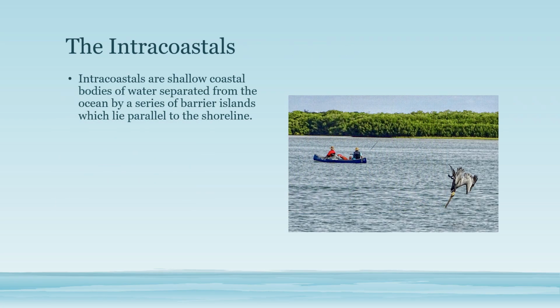Now, the intracoastals are the water found between your barrier islands and mainland. So they are estuaries because they get fresh water input from the mainland, salt water input from the Gulf or the Atlantic, and they're the cradles of the ocean.